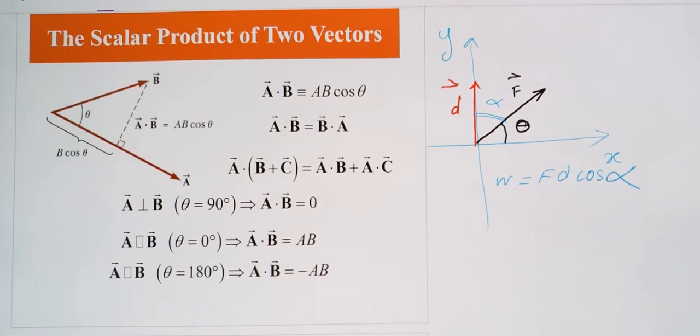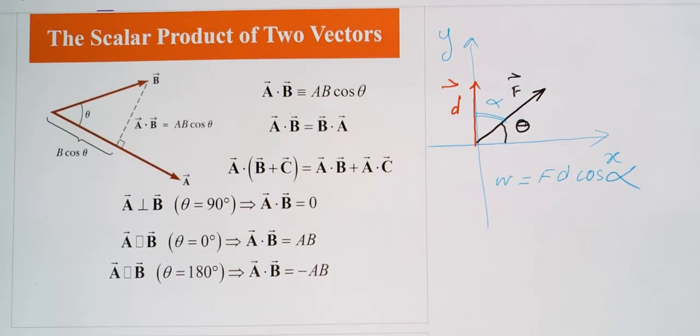Okay, so let's see the rules for the dot product. Now, let me remind you that when we talked about vectors in chapter 3, we said when we have vectors, we have operators.